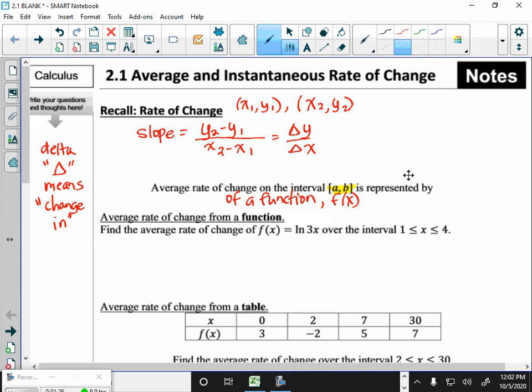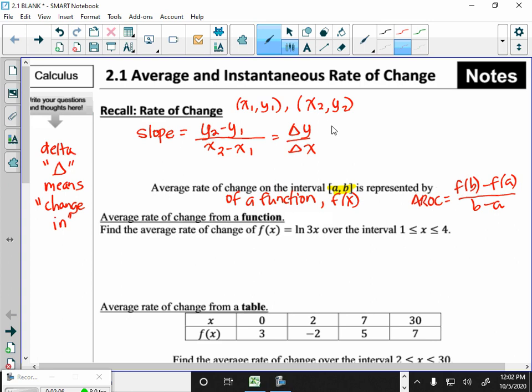And that is represented by, and we'll go ahead and write average rate of change, and that's going to be f of b minus f of a over b minus a. So the y value at b minus the y value at a divided by the difference of their x values.